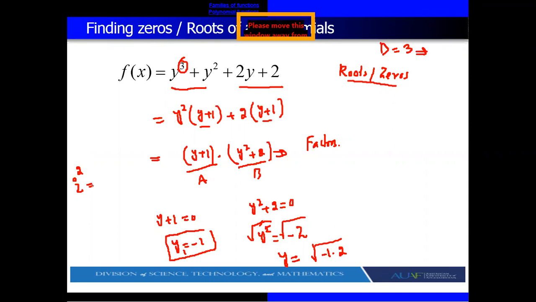We put iota square equal to minus 1. This is not a real value; this is just for solving the equation. So the square root of minus 2 is the square root of minus 1 multiplied by 2.